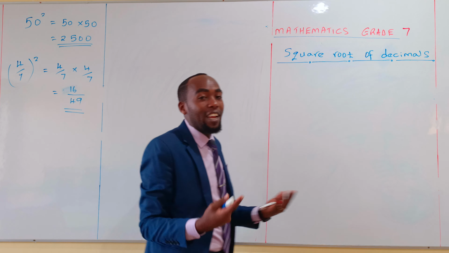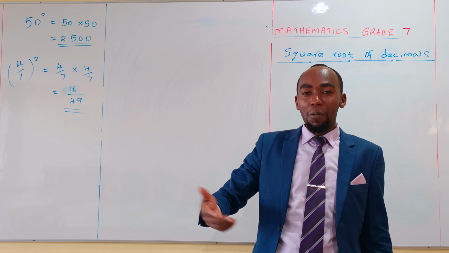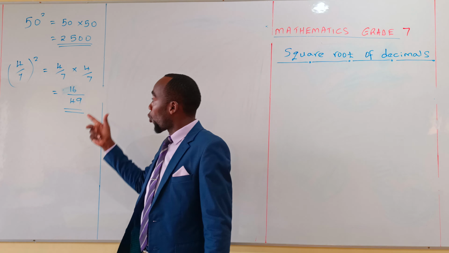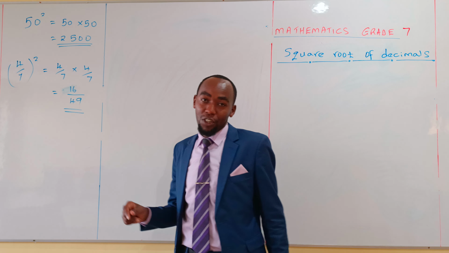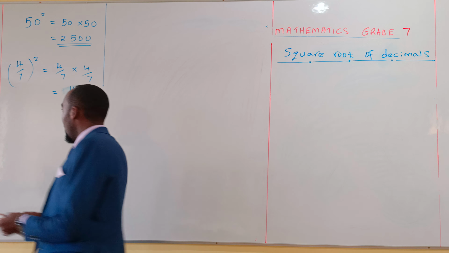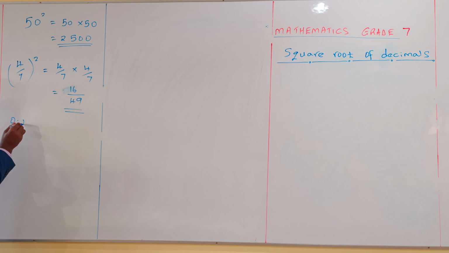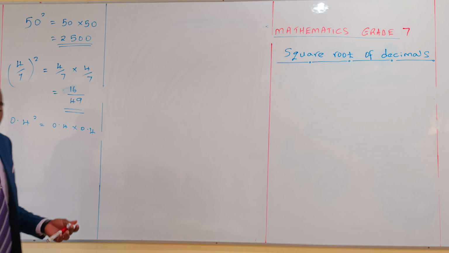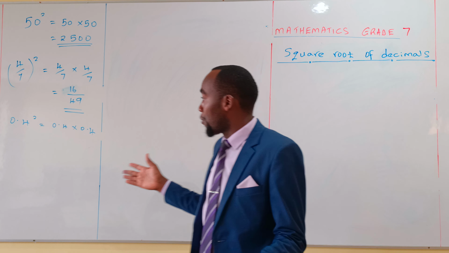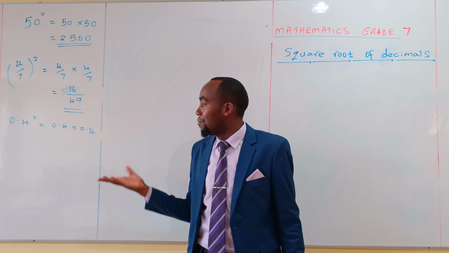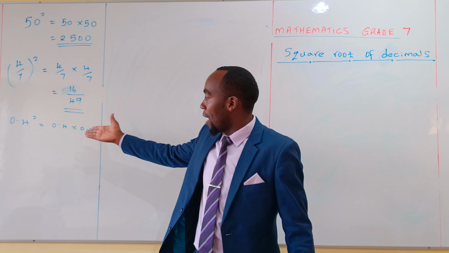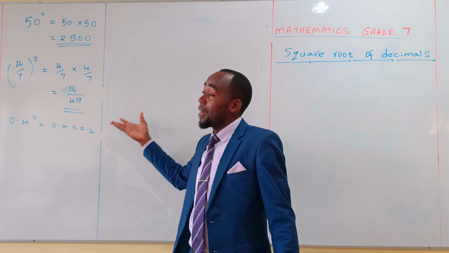Same to decimals. If you have 0.4 squared, you only need to do 0.4 times 0.4, because the square of a number is a number multiplied by itself.